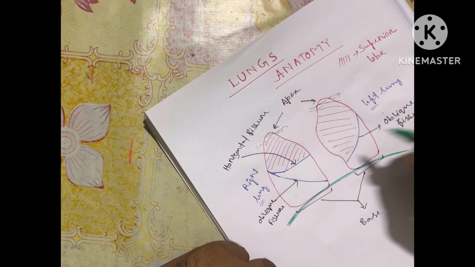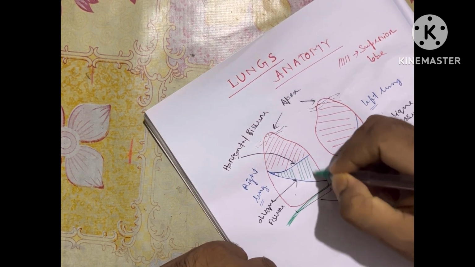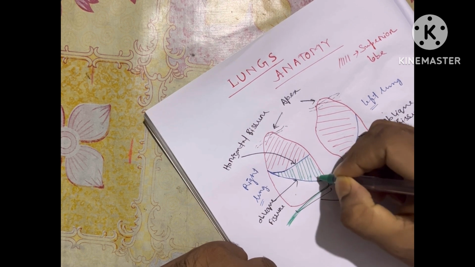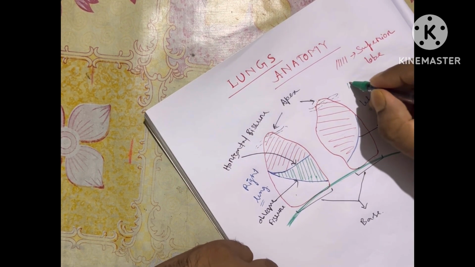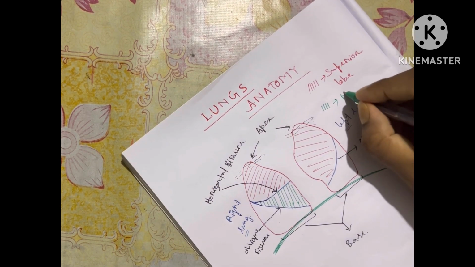Now we have another portion here, this green one, which is only present in our right lung. The green color is called the middle lobe.